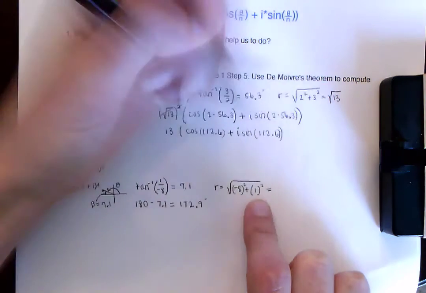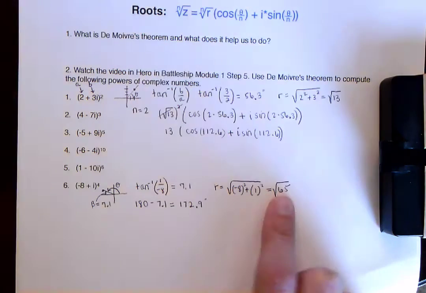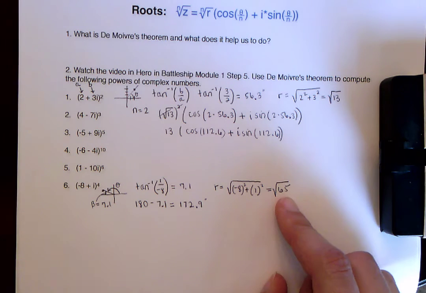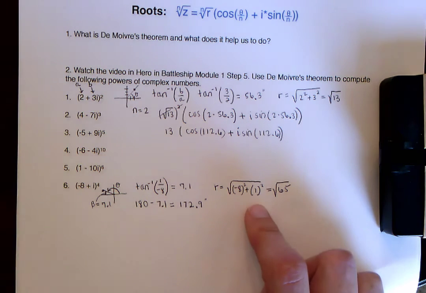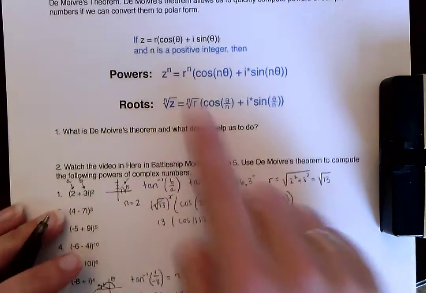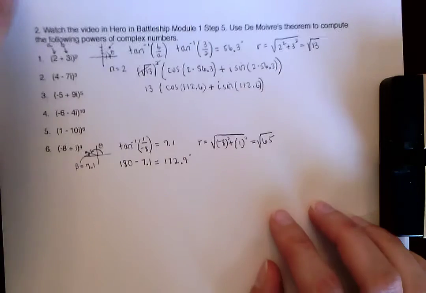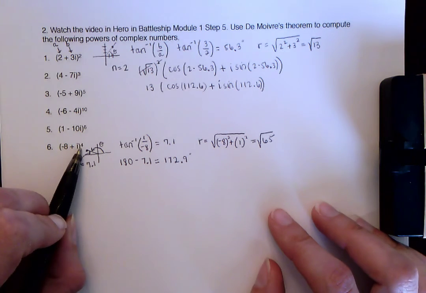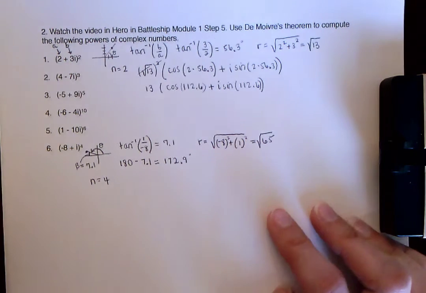So 64 plus 1 is 65. So that, square root of 65, is our radius. So now all we have to do is put it into that form, the power form, this one right here. Except in this case, n is actually equal to 4. So n equals 4 on that one.